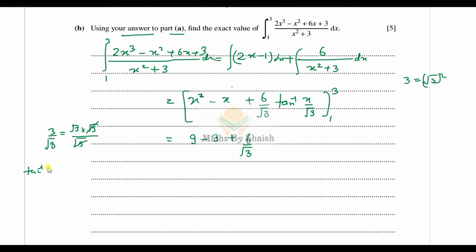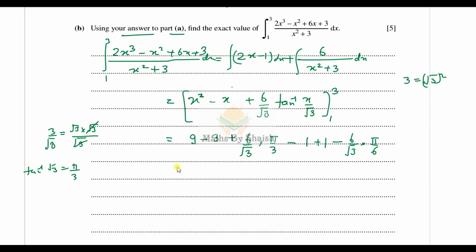So tan inverse root 3 can be written as pi by 3 directly, so I'll write pi by 3 here, minus the lower limit 1 squared, that is 1, minus minus plus, and 1 minus 6 over root 3 tan inverse of 1 over root 3. Tan inverse of 1 over root 3 is pi by 6.